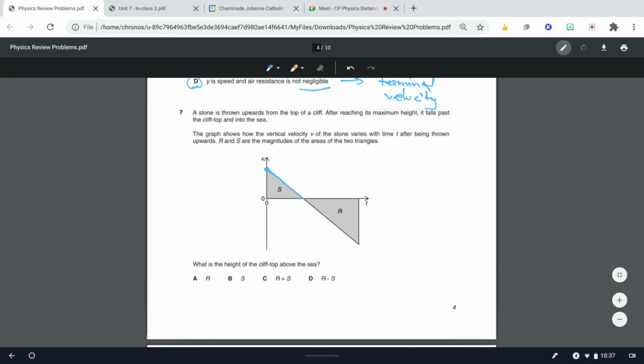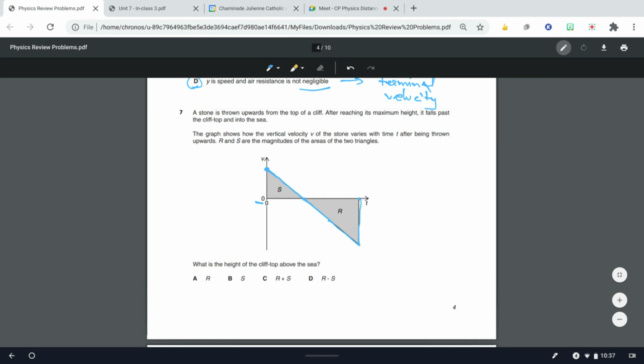Once it reaches its maximum height, what happens at maximum height? Your velocity changes to 0, right? Now it starts to fall back down again, and it keeps falling until it impacts the water.